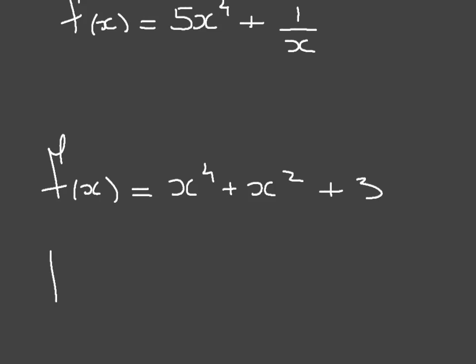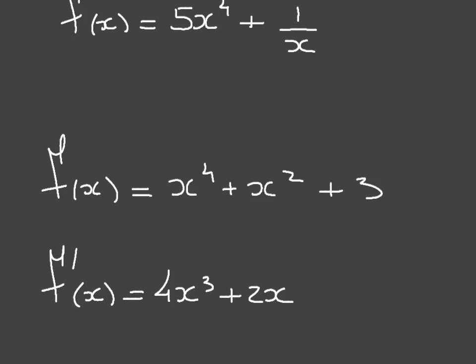And we can write f dash of x is equal to 4x cubed plus 2x. And when we differentiate 3, remember this is a constant, it's equal to 0. So we stop here. We don't need to write plus 0. So the final answer here is f dash of x is equal to 4x cubed plus 2x.